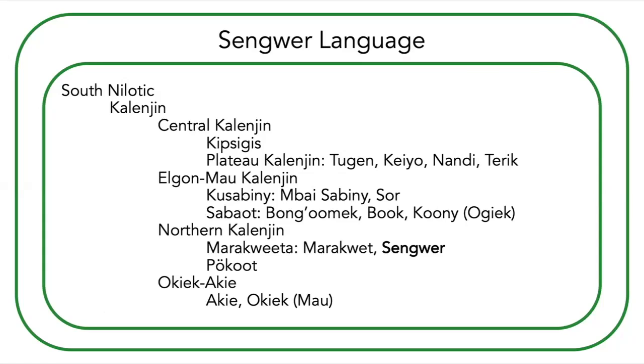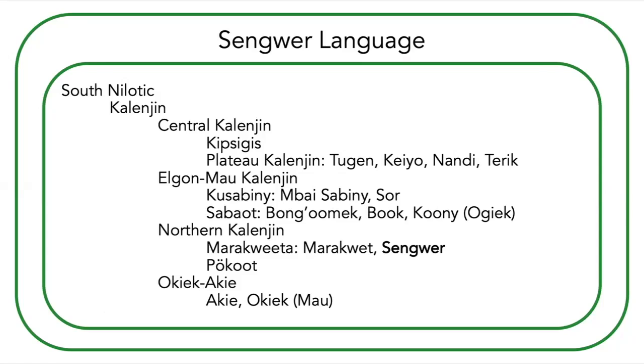At the time that Di Stefano and Rotland made their classifications, a Marakwet speaker might have said, I'm a Cherangan, I come from Cherangan, even though they are not Sengwer. I think that is probably why there was this confusion in classification. It's to do with nomenclature and understanding the context of where people live and what names they use to refer to themselves.